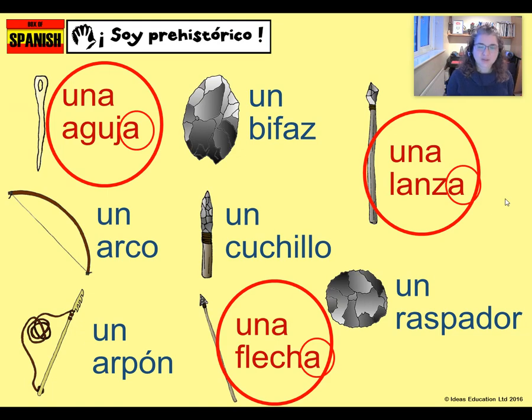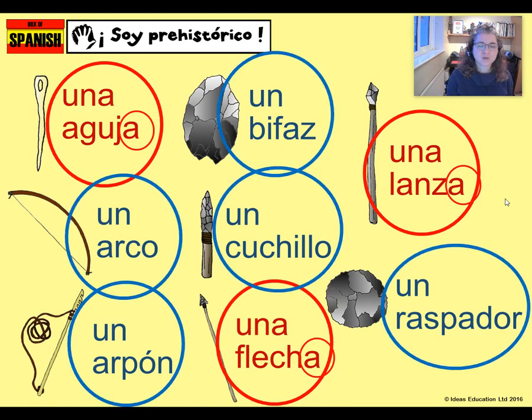If we have a look at the blue words, there's all the blue words there. Can you spot anything that they have in common? That's right. They all start with un, and un means a or an, or sometimes the number one. Now, two of them end in the same letter.